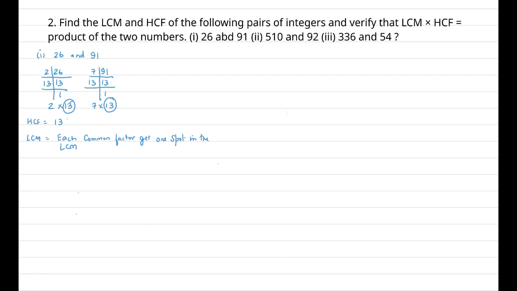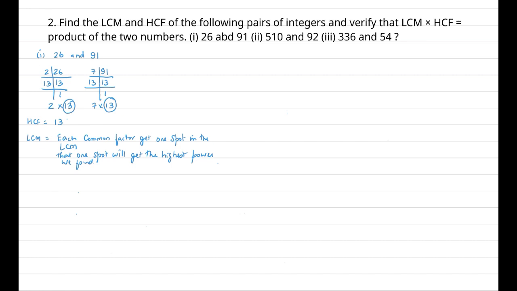That one spot will use the highest power we found.